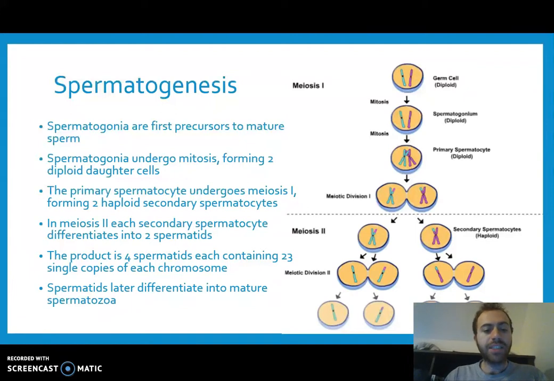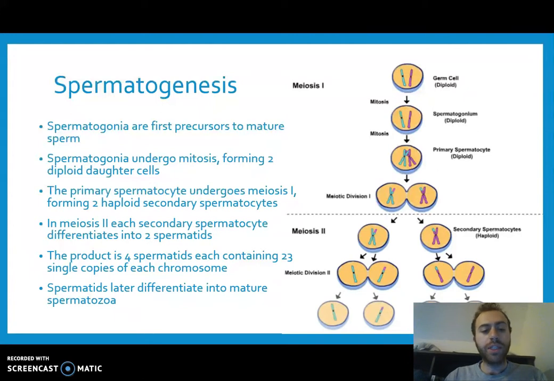The primary spermatocyte undergoes meiosis 1 and divides into two secondary spermatocytes. In this process, each subsequent cell receives half of the chromosomes of the parent. The primary spermatocyte has 23 pairs of chromosomes, producing two secondary spermatocytes with 23 chromosomes each.